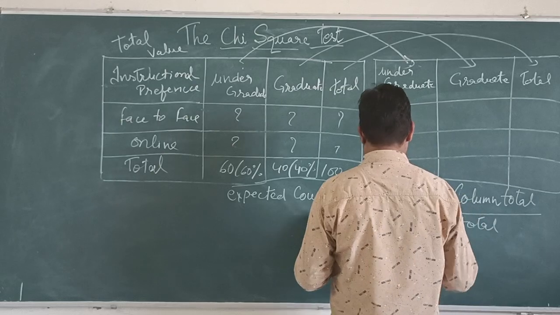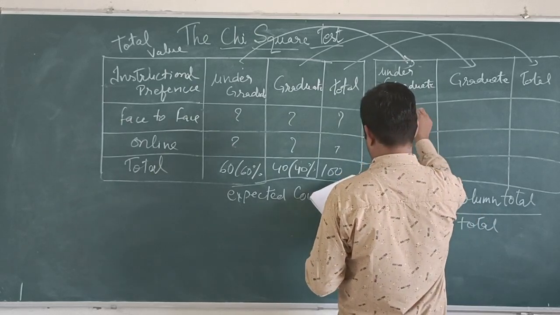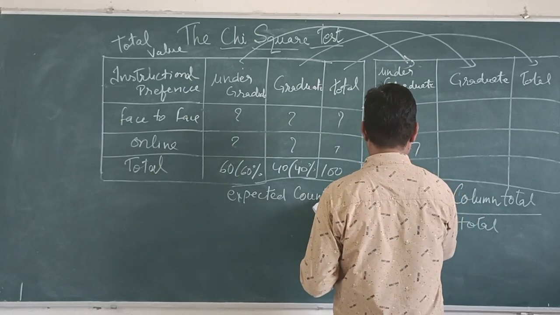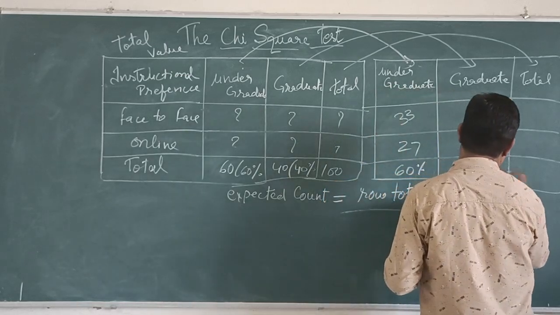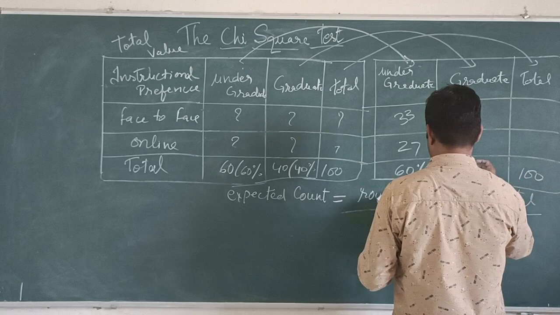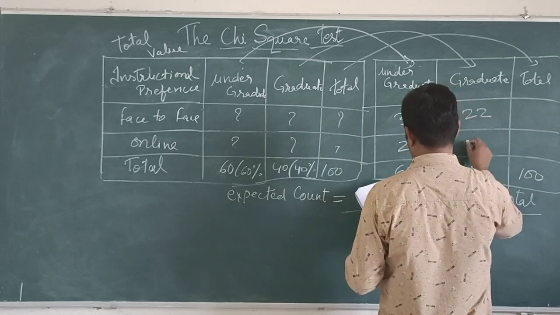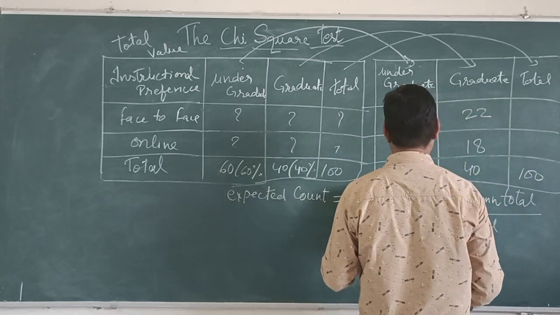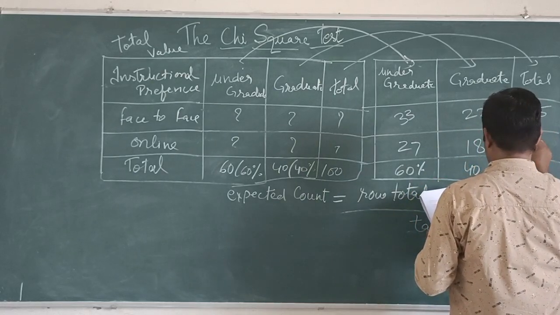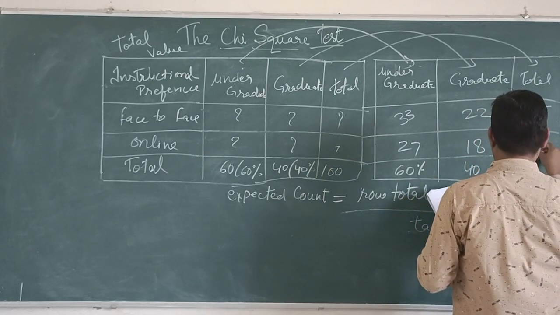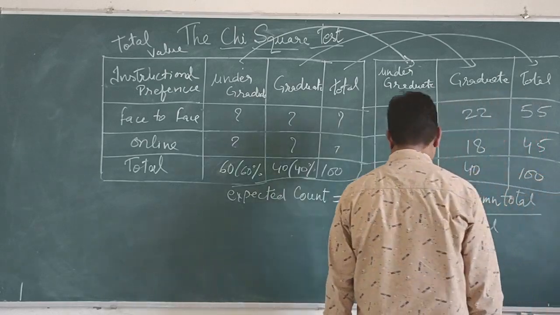The values are 33, 27, 60, then 22, 18, 40, so these are 55 and 45, and overall is 100.